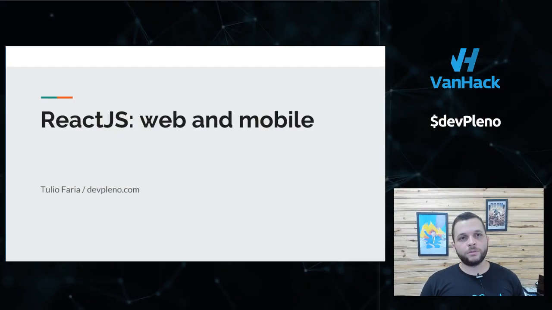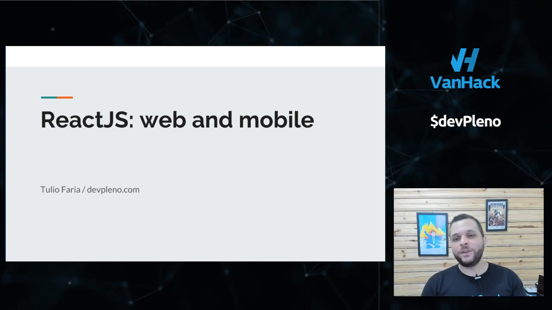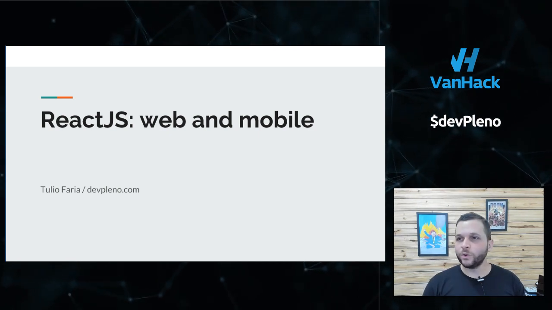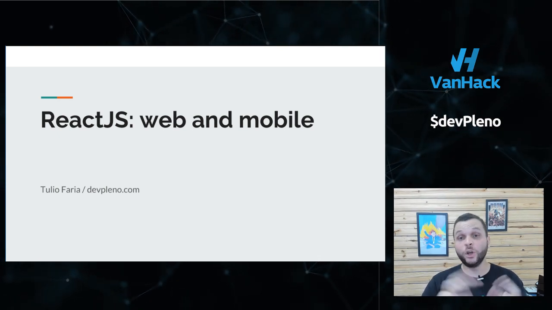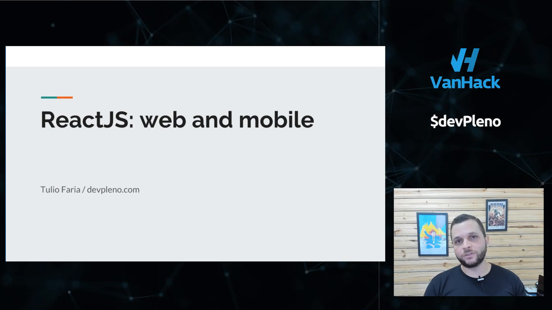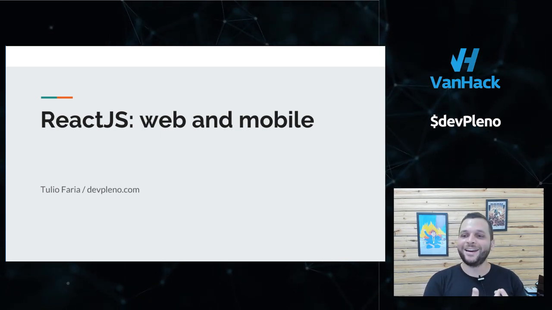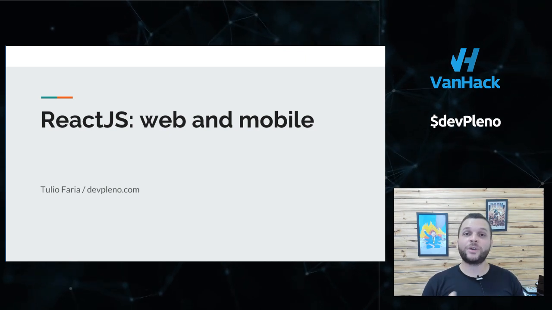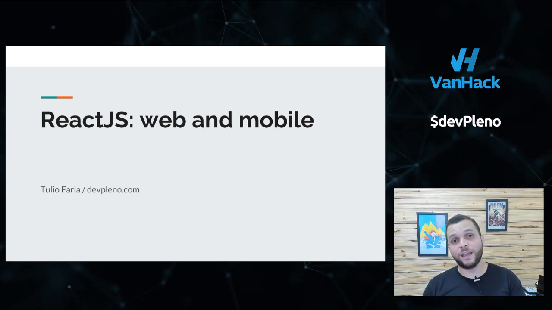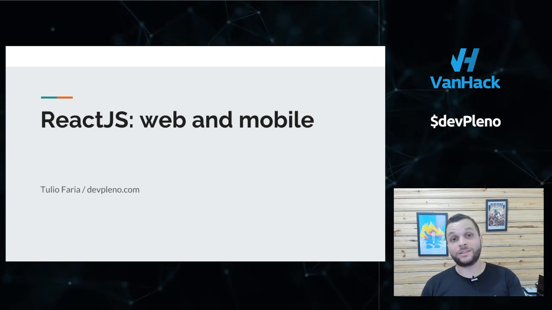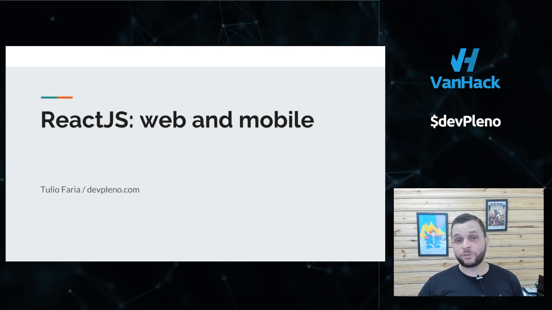So today we are going to talk about ReactJS. The amazing thing about ReactJS is that we can cover basically all the platforms just knowing the concepts of ReactJS. If you know how to use React for web or React Native for mobile devices, we can create React apps for every platform. The concepts are the same, the way we create components is the same, so we just need to adapt some things to each platform.